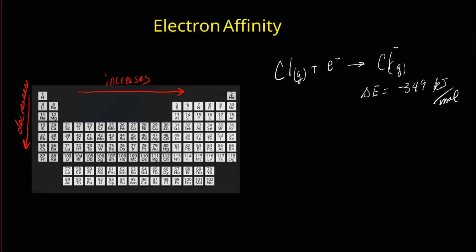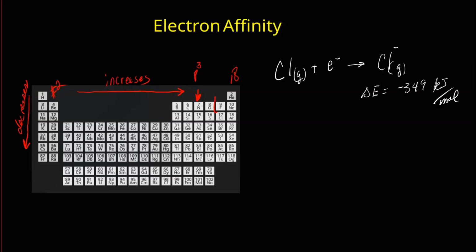So notable exceptions, groups 2 and 18. So here's 2 and here's 18 over here. Adding an electron will force it into a higher energy orbital, so their affinities are near zero or even positive. Nitrogen here is lower than expected because of its stable half-filled p3.